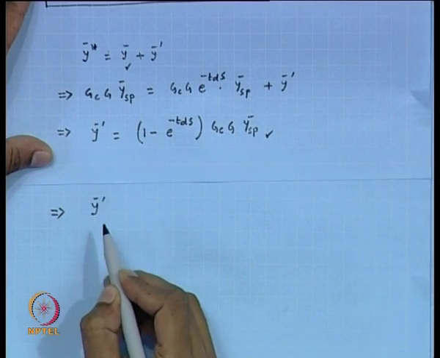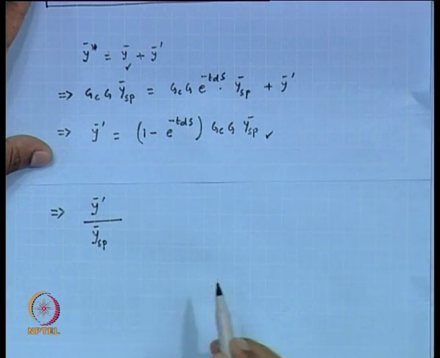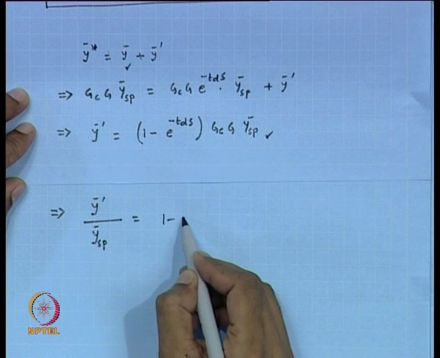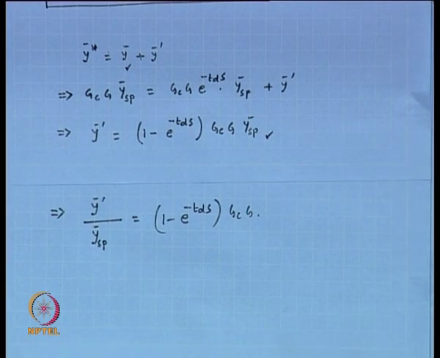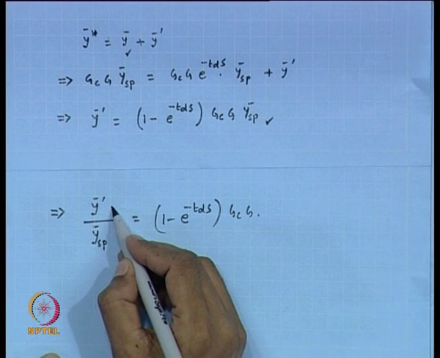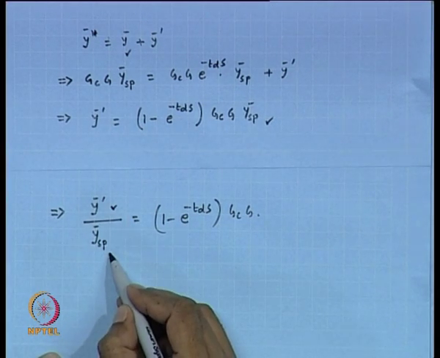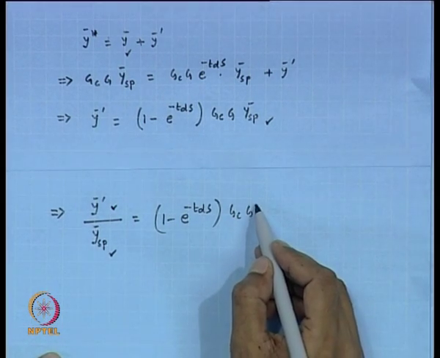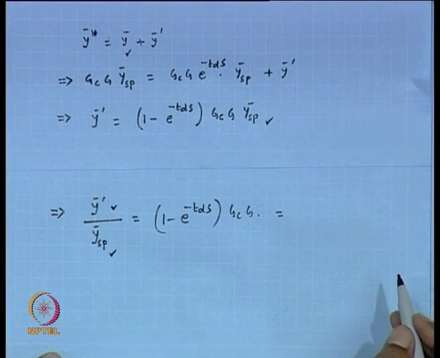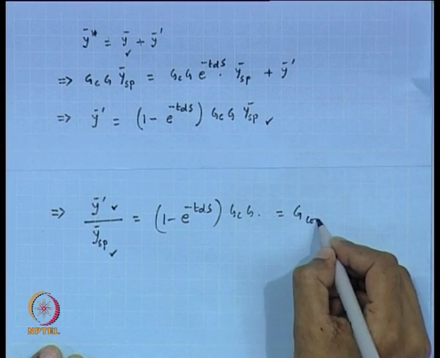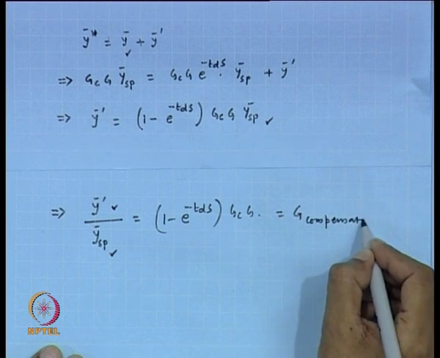You see, we can write this expression further as y prime divided by y set point, which is equal to GC Z. So, if this is the output and this is the input, then the transfer function can be represented by this expression, and this is nothing but the transfer function of the dead time compensator.